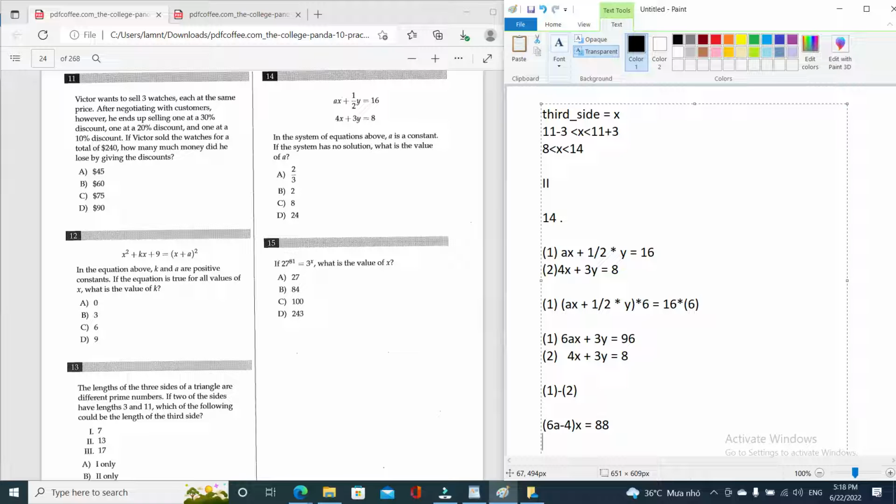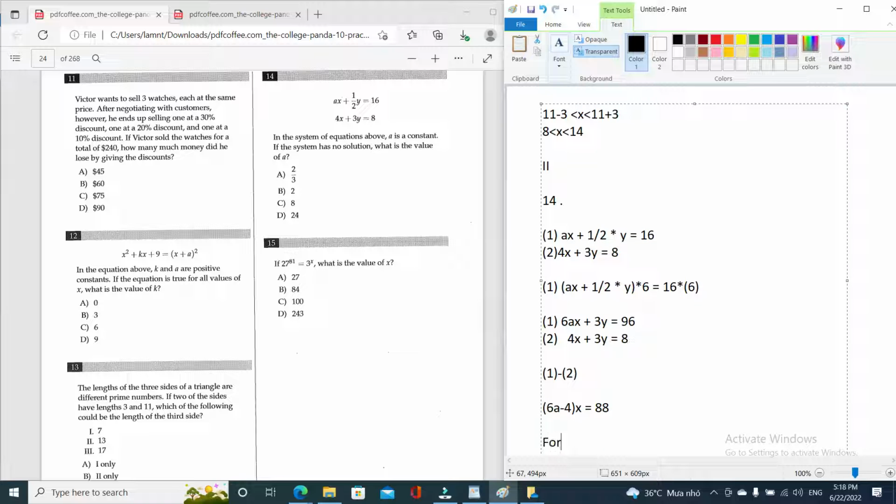So for the system to have no solution, this equation has to produce a paradox, right? If this equation produces a paradox, then the system of equations has no solution at all.